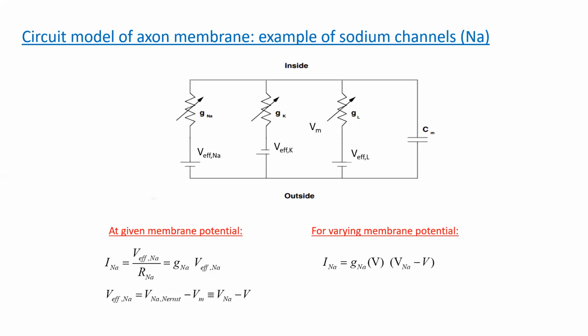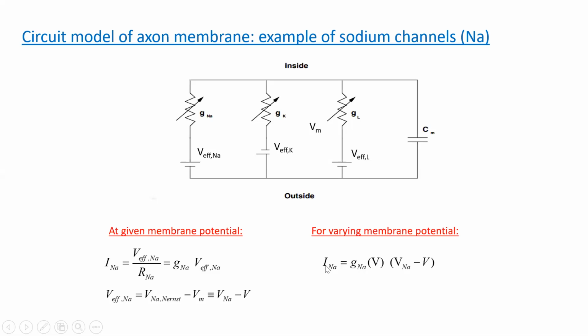And so, in fact, the conductivity of the sodium channel depends on the voltage, because as we saw, the activation occurs at a certain voltage and inactivation at another membrane potential. And so the conductivity has to be modeled as a function of the membrane potential.